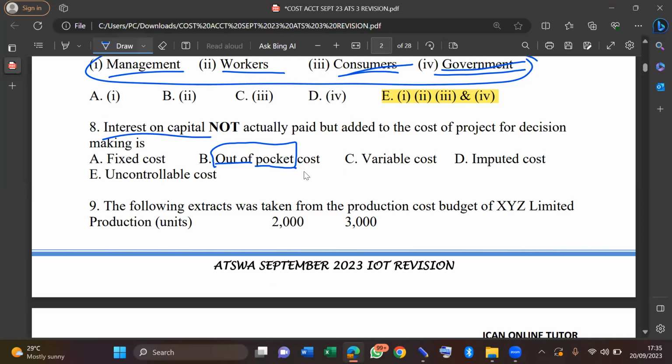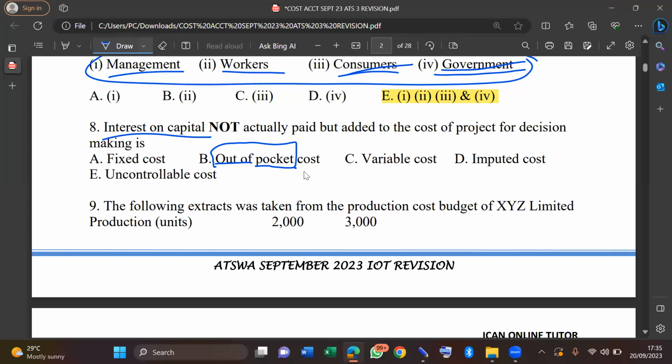Uncontrollable cost is the cost that is beyond the capacity of the organization, the one you cannot control, a cost that is not within the capacity of the management.